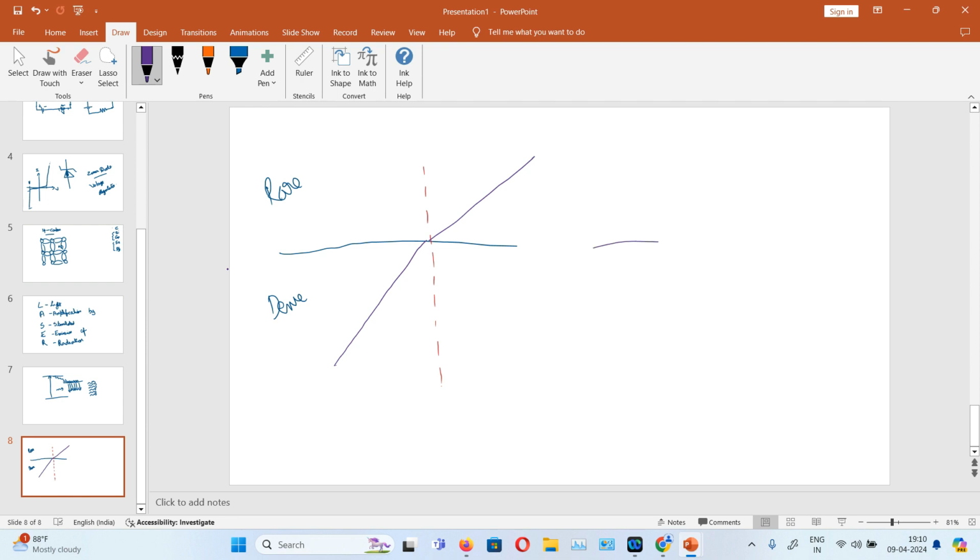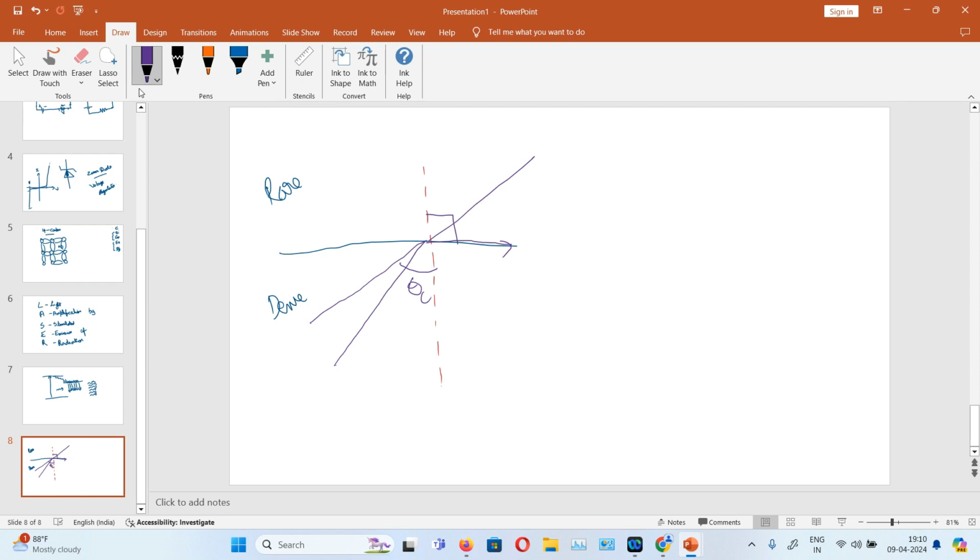So after a particular angle, it will graze through the surface, and that particular angle of incidence at which the angle of refraction is 90 degrees is called the critical angle, or theta c.